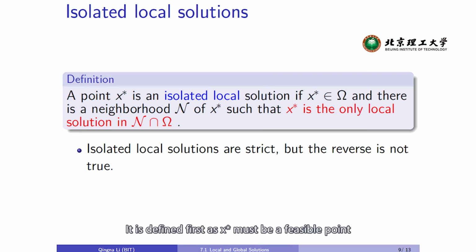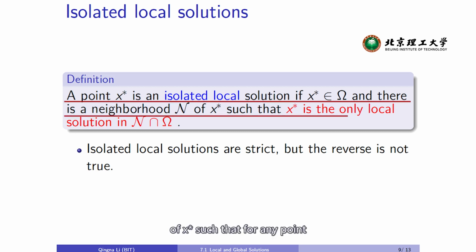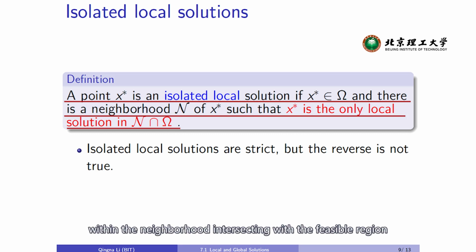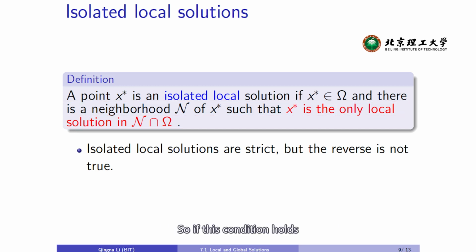It is defined first as X star must be a feasible point, then we can find a neighborhood of X star such that X star is the only local minimizer within the neighborhood intersected with the feasible set. Okay? So if this condition holds, then X star is an isolated local minimizer.